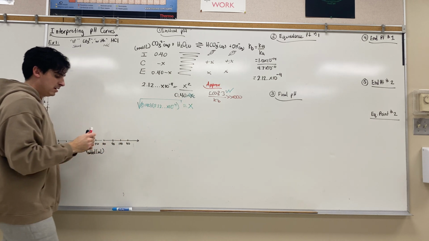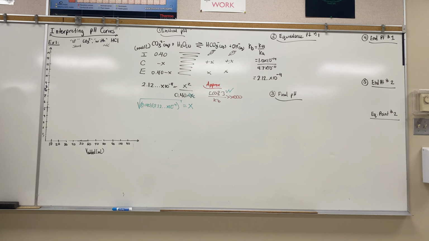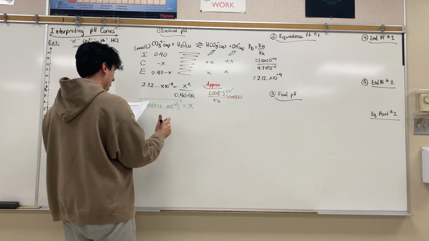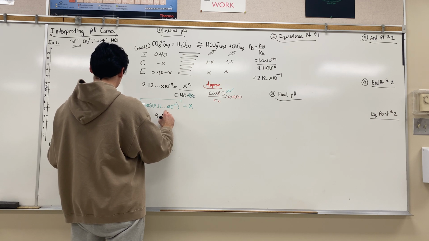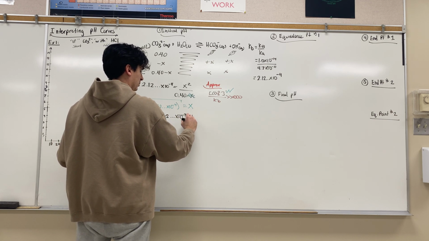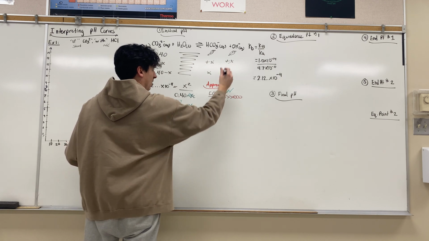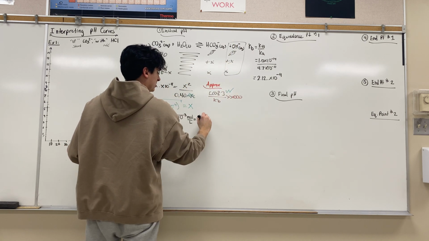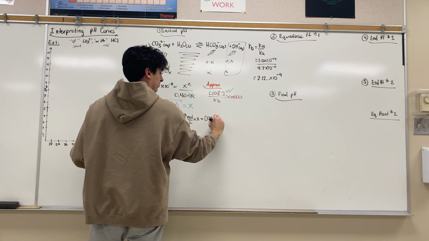Okay? So, what that's going to give us, if we do some calculator punching, is an X value of 9.22 times 10 to the negative 3 moles per liter, which is X, and also our concentration of OH-.